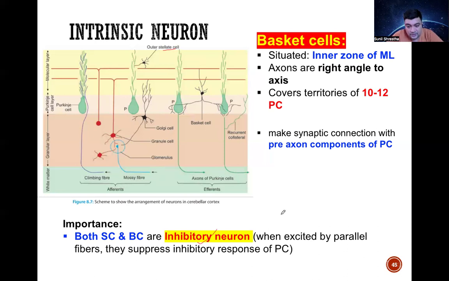Whenever the stellate cells and basket cells get excited by the parallel fibers, they suppress the response of the Purkinje cells. So the excitation of the Purkinje cells might be decreased.